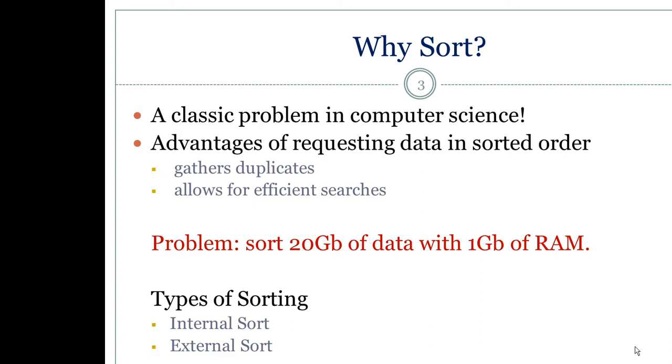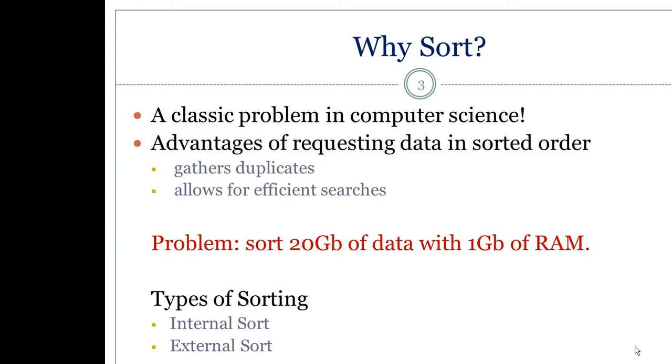Different types of internal sorting algorithms are bubble sort, insertion sort, selection sort, shell sort, etc. External sort: if the data to be sorted is on secondary memory, the hard disk, then the sorting algorithm is called an external sort.